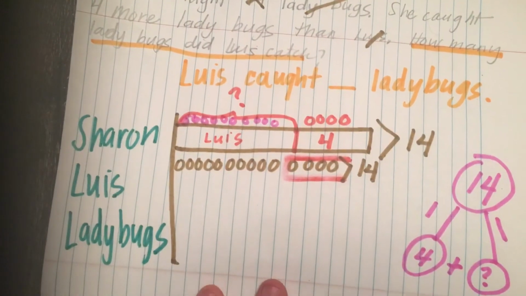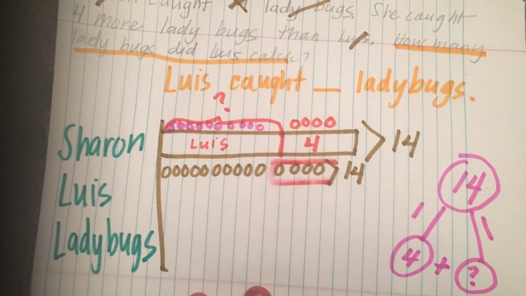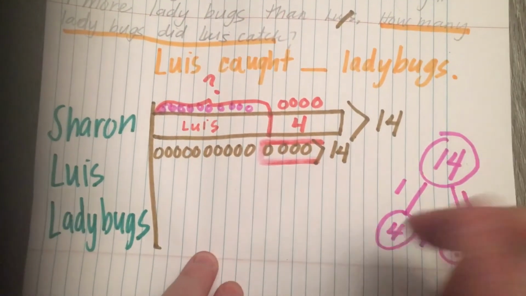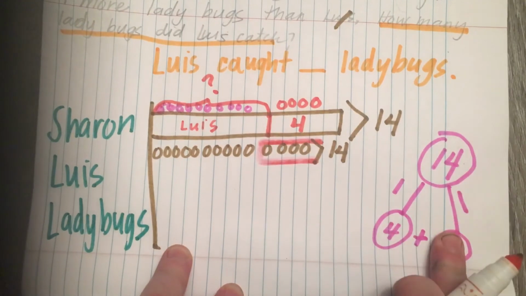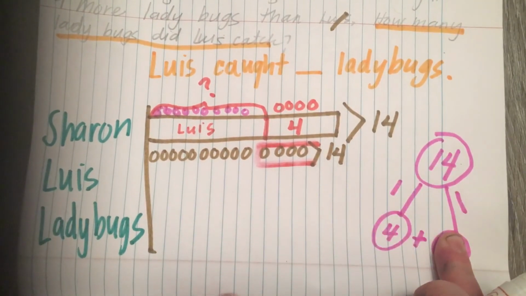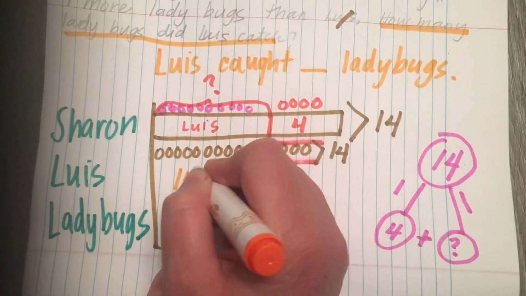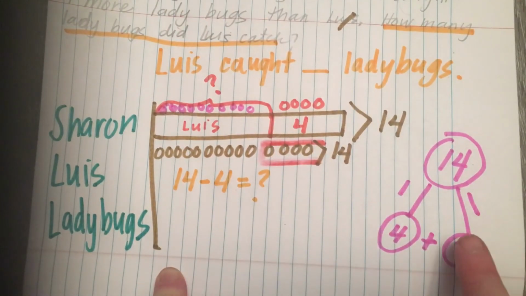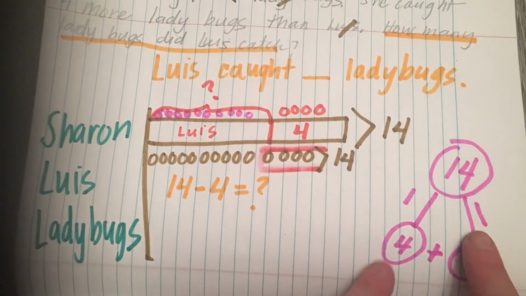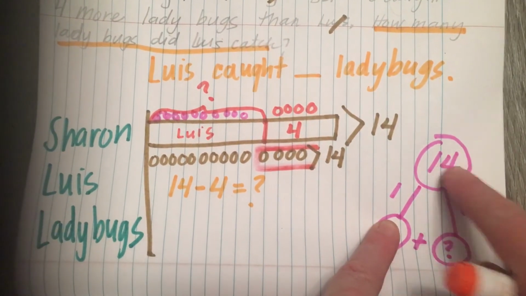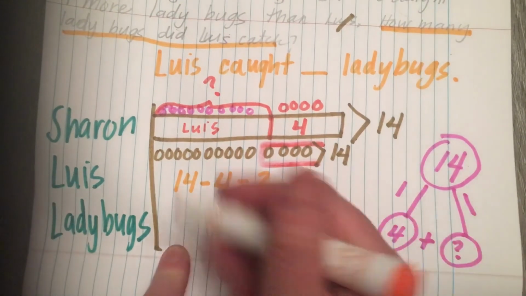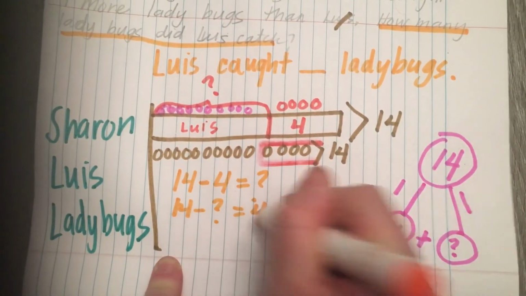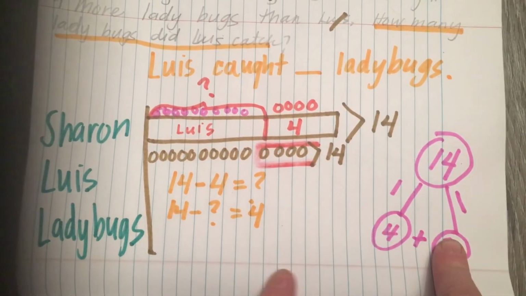But down here, if we know our number bonds and how things work, we can say, okay, 14 is my whole. I'm going to cover this up. 14 minus 4 equals question mark. Then I'm going to cover up my question mark, or my 4, and say 14 minus question mark equals 4. Now I have my two parts.